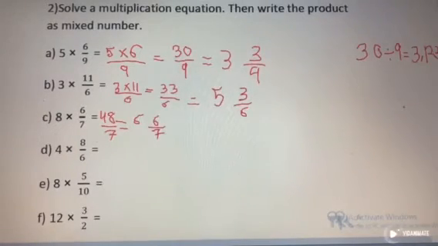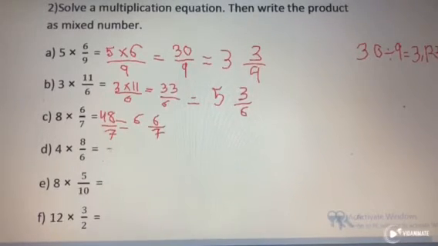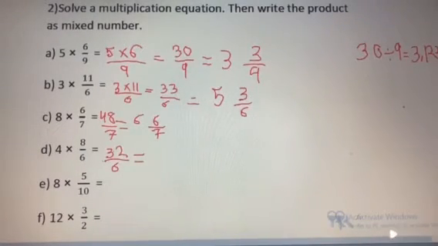Now 4 multiply 8 over 6. 4 multiply 8 equals 32 over 6. Now I will divide 32 by 6.